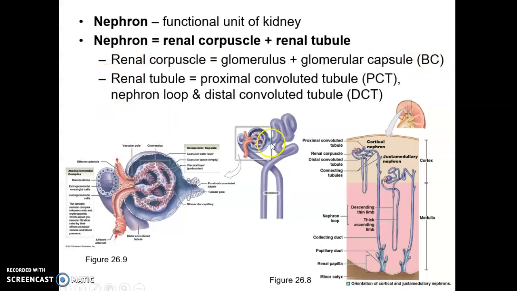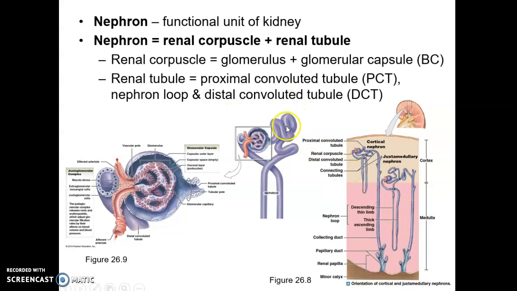So the renal tubule then again has the proximal convoluted tubule, the nephron loop, or loop of Henle, and then the distal convoluted tubule, which we see here, which leads out towards a collecting duct.